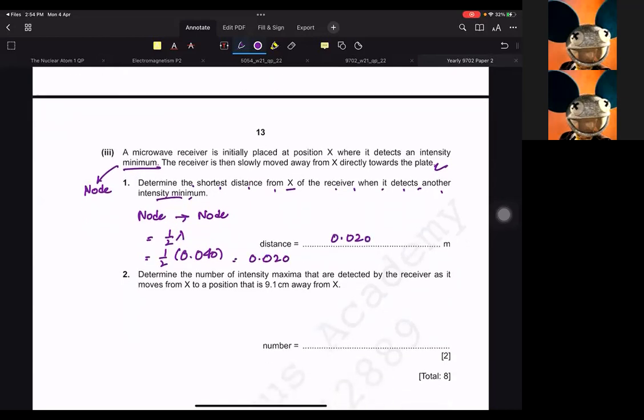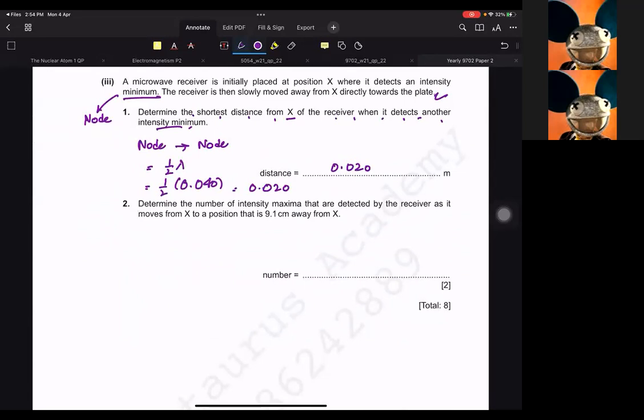Now it says determine the number of intensity maxima that are detected by the receiver as it moves from position X. That is 9.1 centimeter from this. You already have the node to node distance, so what you do is divide this.